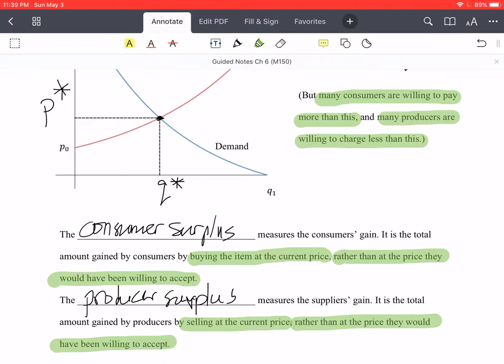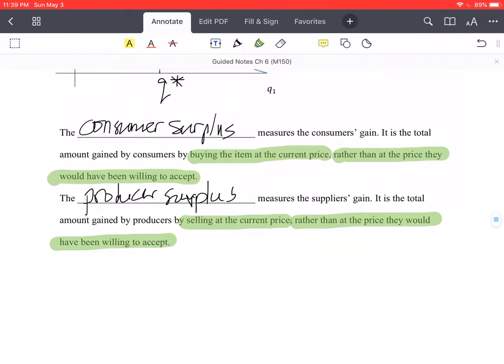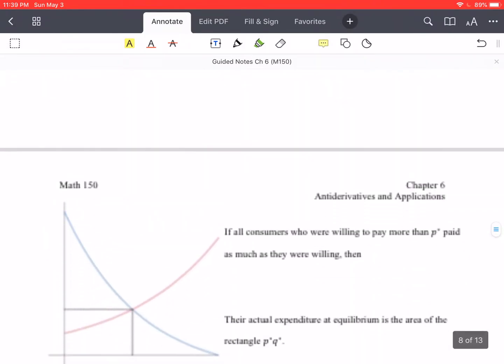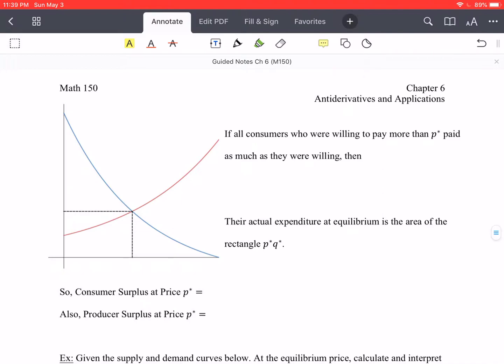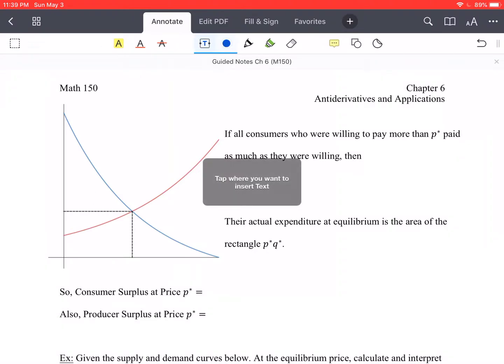Okay. Now, when we're looking at how to compute these, this is going to incorporate that concept of area under the curve. So if all consumers who were willing to pay more than P star, so equilibrium, paid as much as they were willing, then, let's do this in blue.